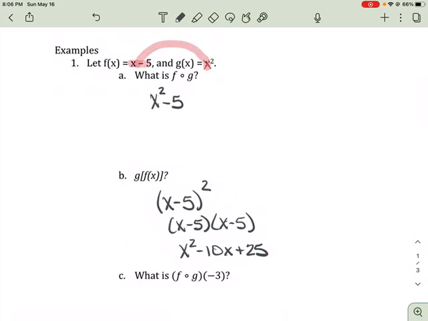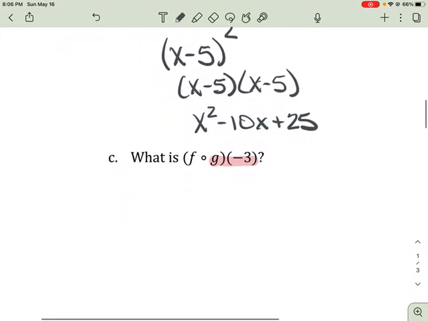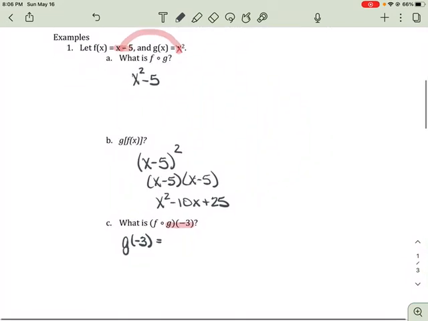In both of these problems, we've taken the expression and put one inside the other. What do you do if it's a number? This says we're going to go to g of negative 3. We evaluate g of negative 3 first. g was x squared, so this is going to be negative 3 squared, which is 9.